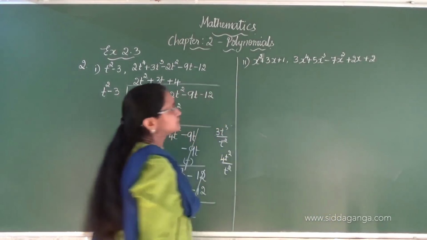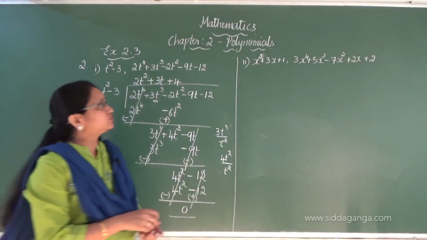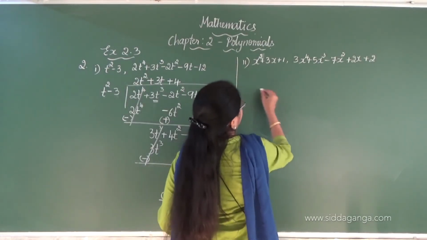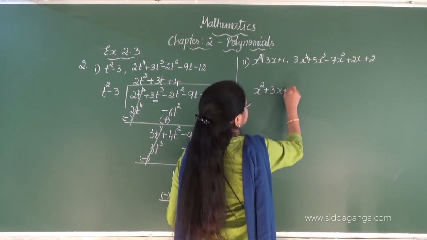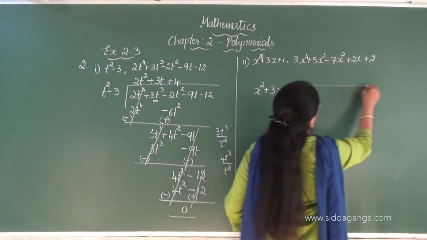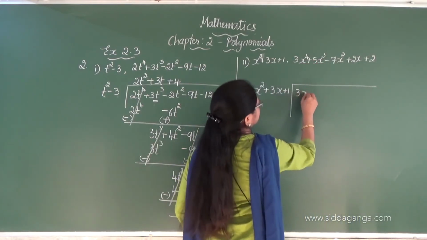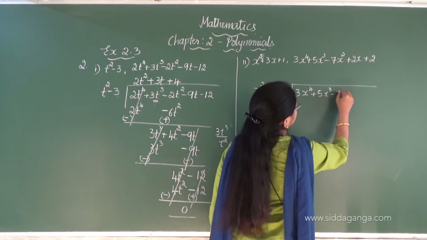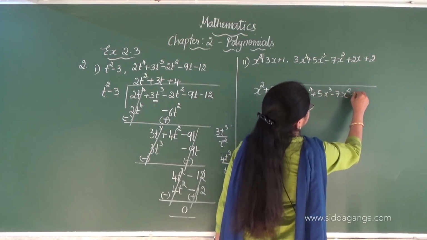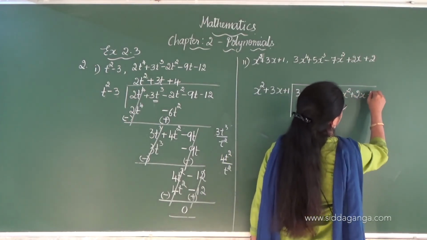Second one, again we have x square plus 3x plus 1 and 3x to the power of 4 plus 5x cube minus 7x square plus 2x plus 2.